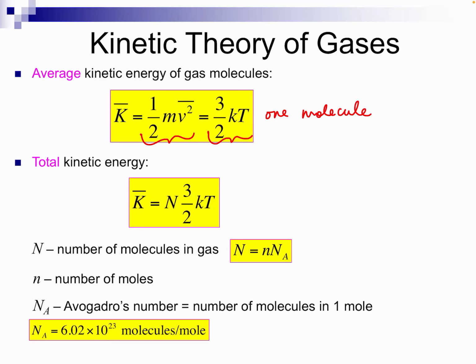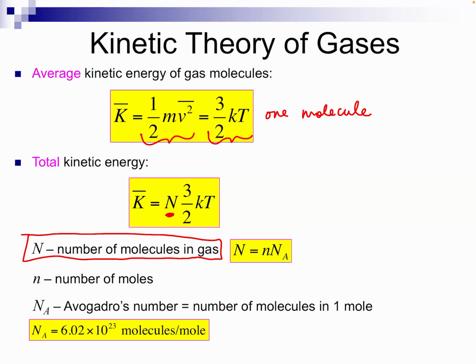So if your balloon is made up of N molecules, the total kinetic energy will be N times the kinetic energy of one molecule, where N is the number of molecules in the gas. Are we okay so far? So far we've just seen this equation that directly relates the temperature to the speed of the particles inside a balloon, for example.